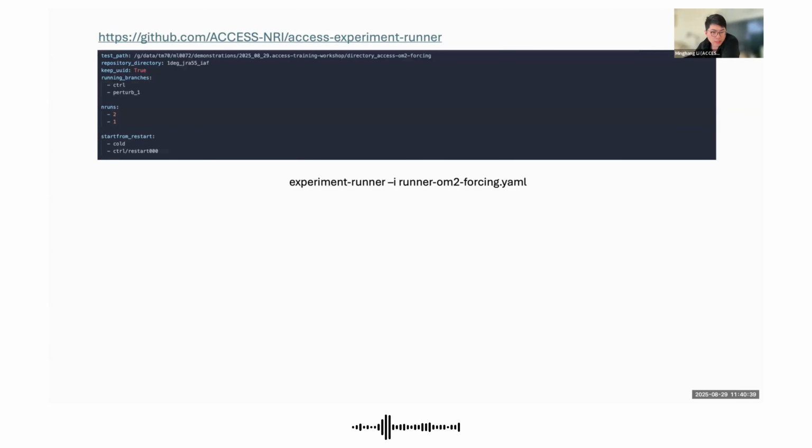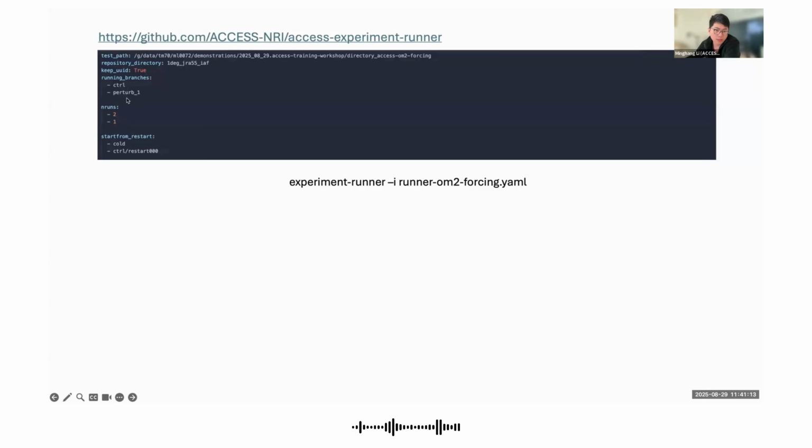Your question is, let's say I run 10 experiments, the control and then 10 perturbations, and one of the perturbations for some reason didn't work. Yep, so I want to rerun this one perturbation. So you can just set the number of runs here with the specific running branches that you want.